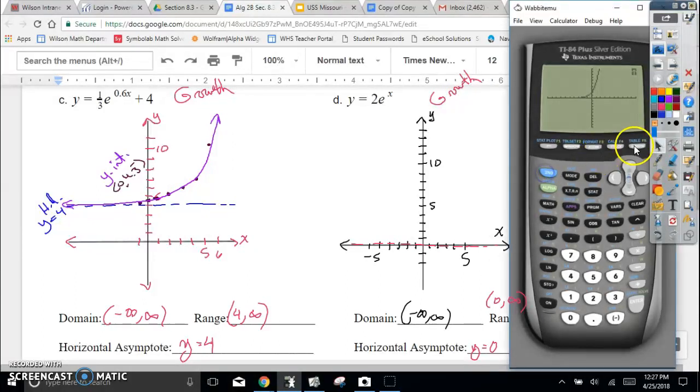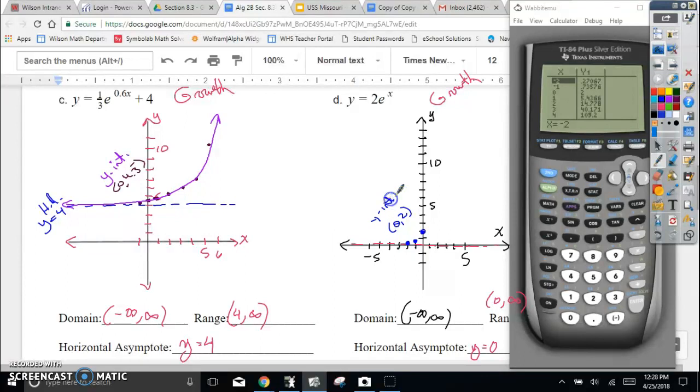And let's jump to a table here. So like I said, this one takes off pretty quick. I can start at negative 2, which is basically right above the x-axis. This one's almost at 1, 0, 2. There's our y-intercept. All right. This is our HA, which is y equals 0.